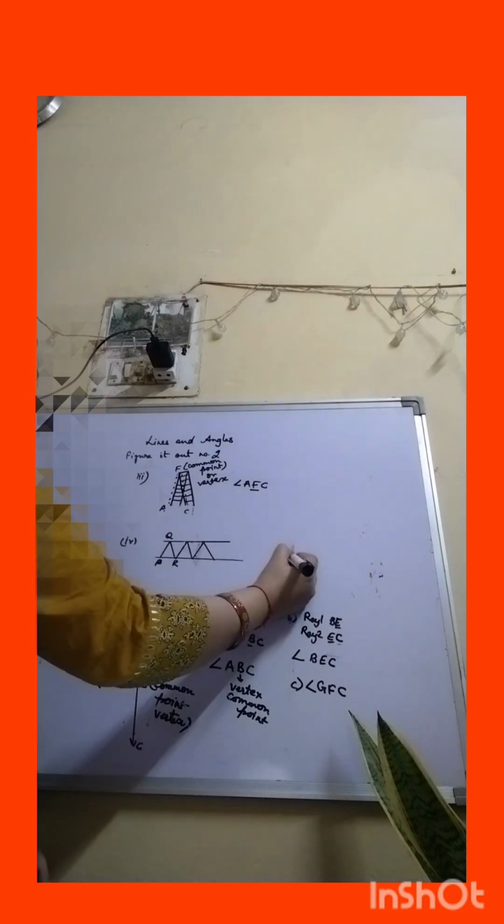The middle point is the vertex. So I would write first Q and the side points become P and R, so that it has angle PQR as one of the angles of the figure.